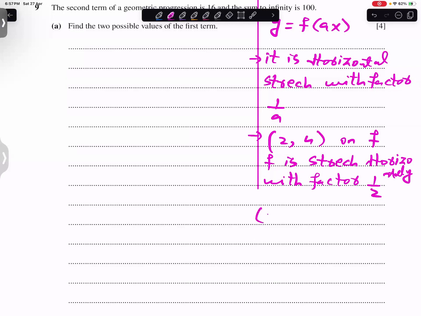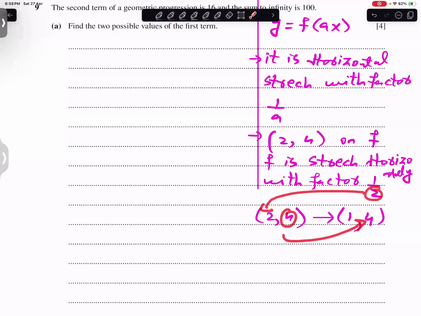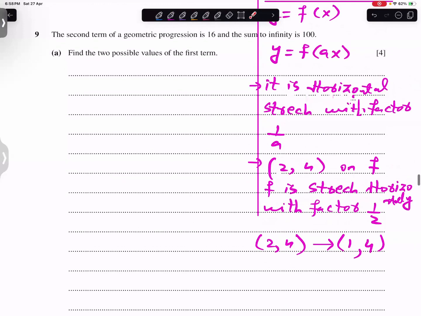What is the effect of this 1 over 2 on 2 comma 4? You will only divide the x coordinate by this 2. So the resulting point on the transformed graph will be 1 comma 4. So whenever you want to stretch a point horizontally with some factor 1 over a, you will simply divide x by a and leave y unchanged. So this is the concept of horizontal stretch.